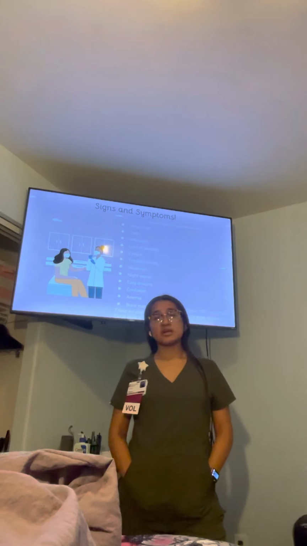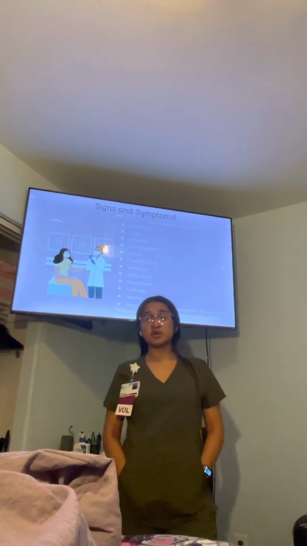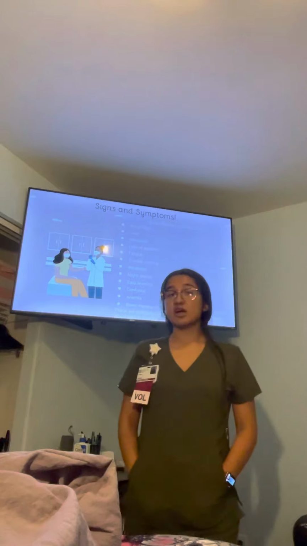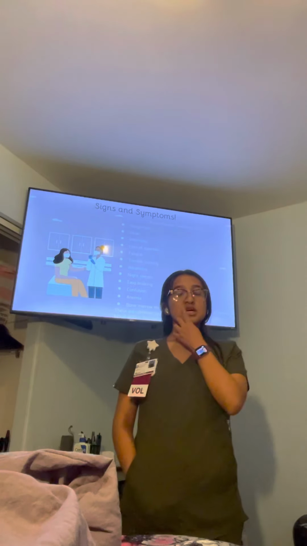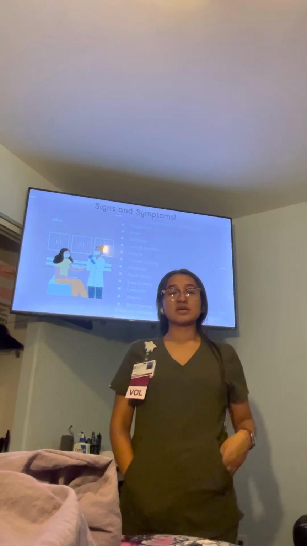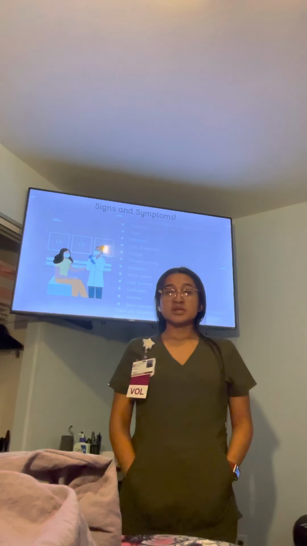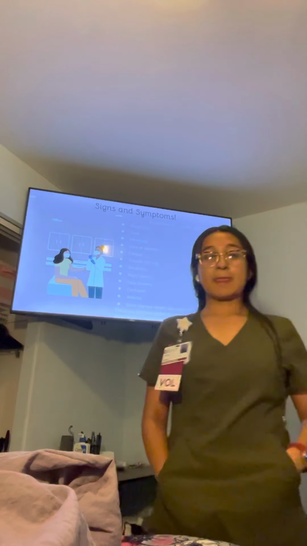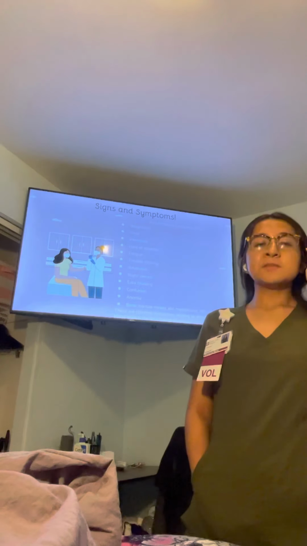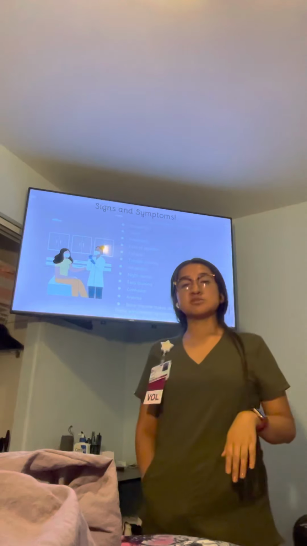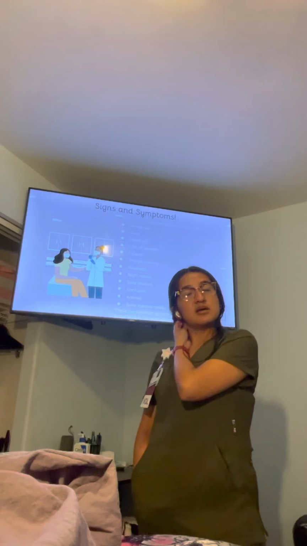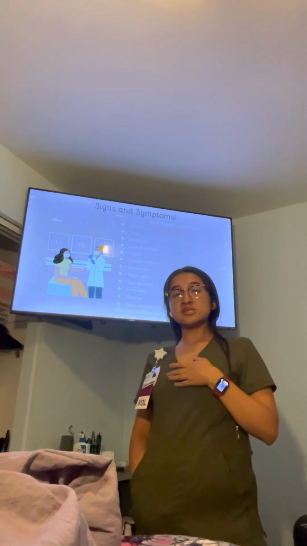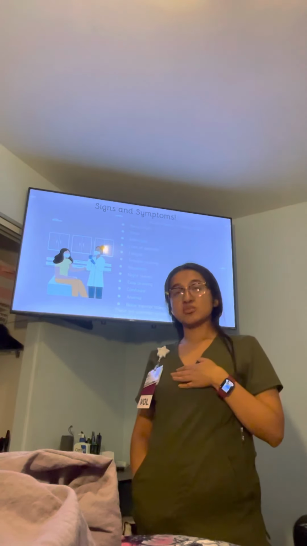So if and when they do get a cut or any injury that results in an open wound, the patient might report difficulty clotting, also experience weakness and night sweats, easily bruised, they're also confused, and anemia. Because these are common symptoms and signs that can be found in a number of other diseases, it's suggested to run blood work.